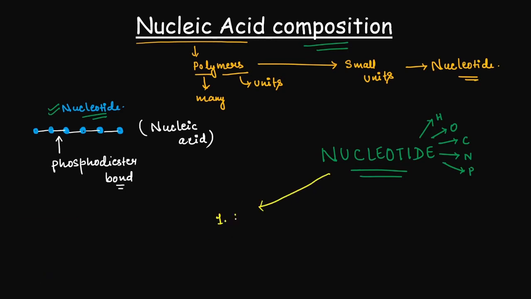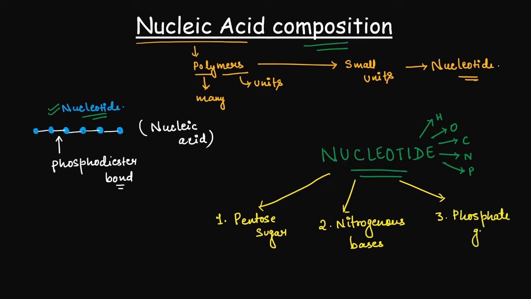The first is pentose sugar. The second component is nitrogenous bases, and the third component is the phosphate group. These three important components together form a nucleotide, and many nucleotide units are joined by the phosphodiester bond to form nucleic acid.